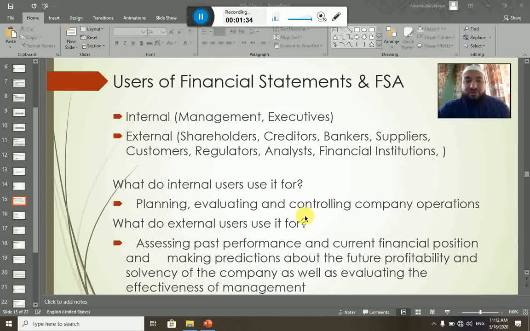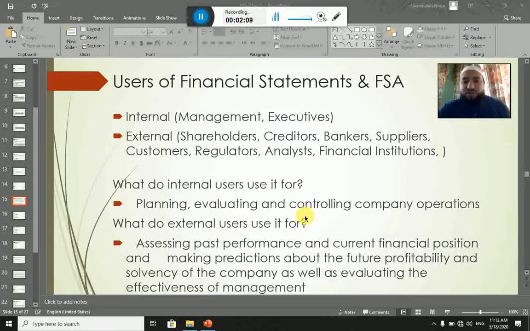So these different types of users have a different agenda for utilizing the financial statements and the information available on them, and use different methods of analysis of the financial statements to reach a conclusion, and their conclusion and decision making differs from one another, right?